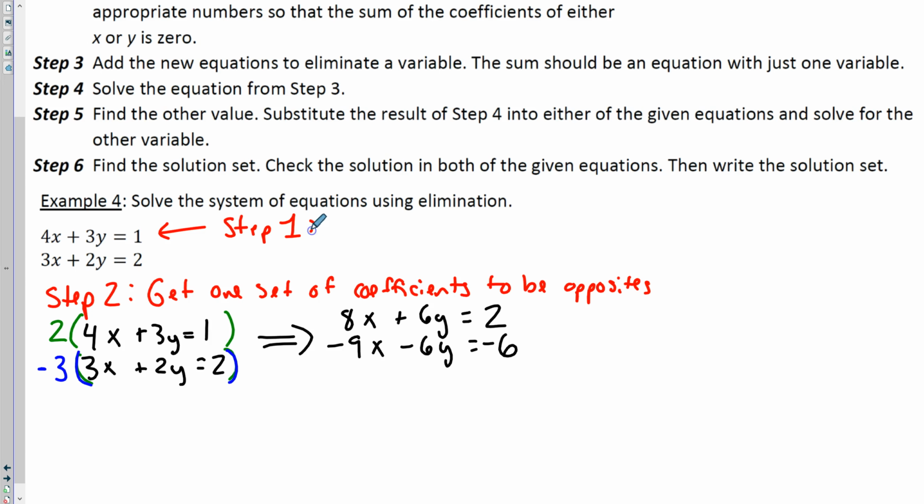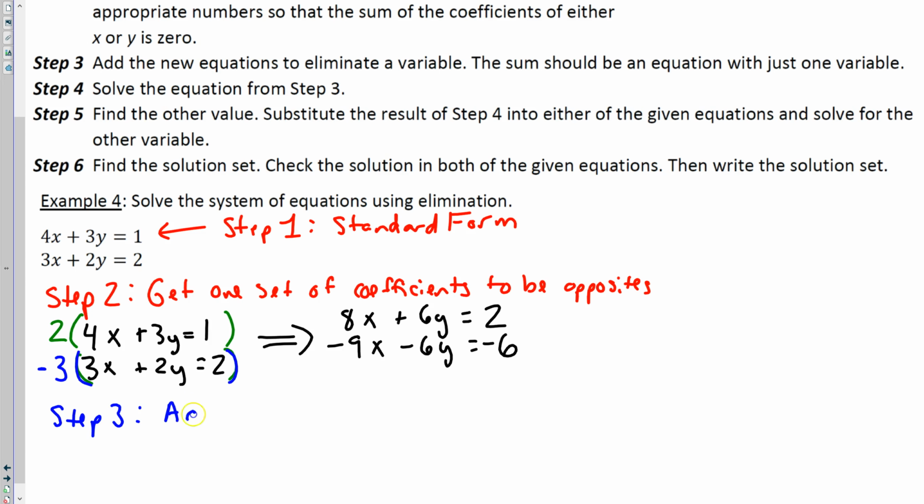So step 1 was to get them into the standard form. And this one already was, right? Both equations were already in the standard form. So that's why I kind of skipped that step, because they were already in the format that we wanted. So step 1 was get it in the standard form. Step 2 was to get the coefficients to be opposites. And now we can continue into step 3.